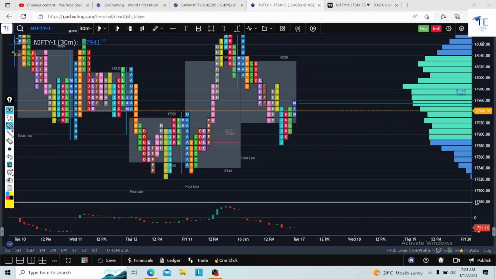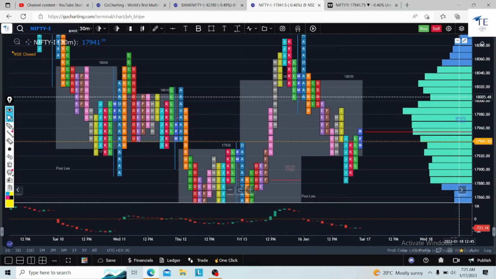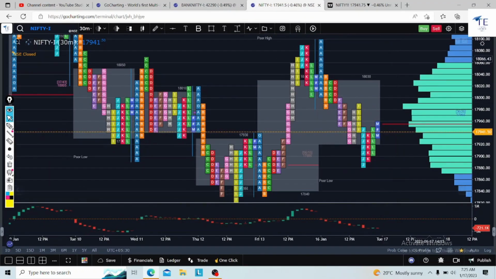Any opening above 17,980. Why this level is important, we already discussed for the last 2-3 days. See, this is close, this is open, this is close, this is open, this is close.